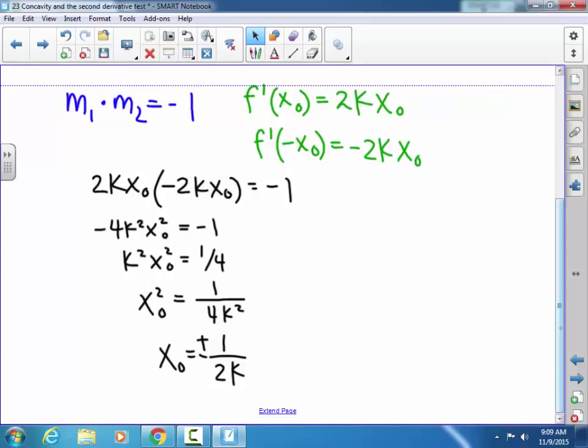I think she could argue that she was right without the plus minus there. Why could she argue that she's right if she just puts the positive one?